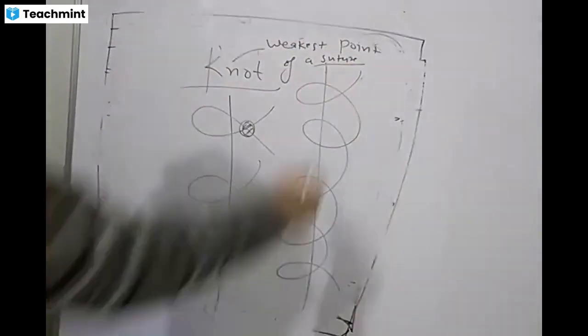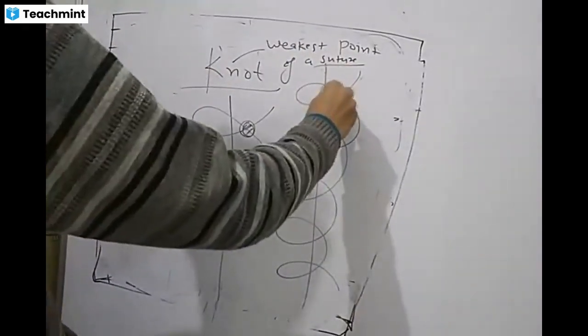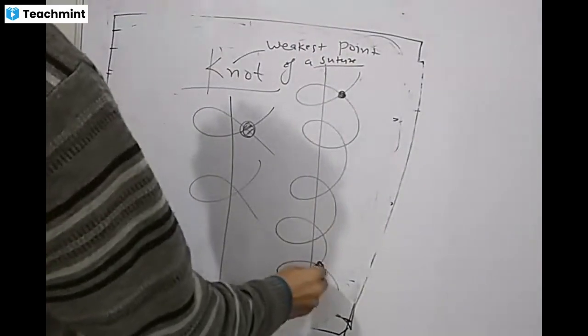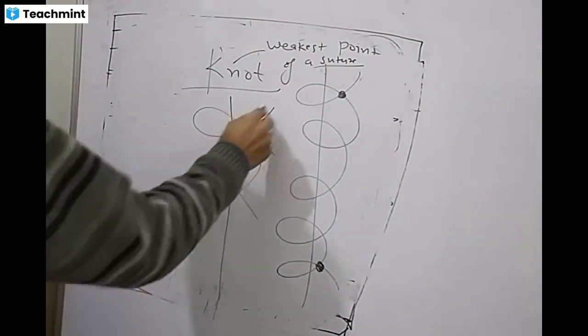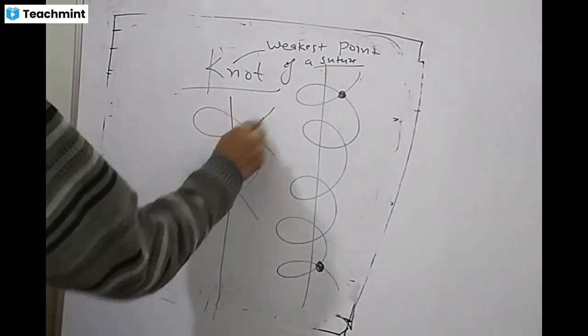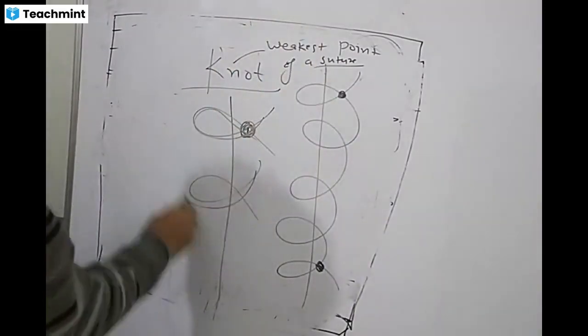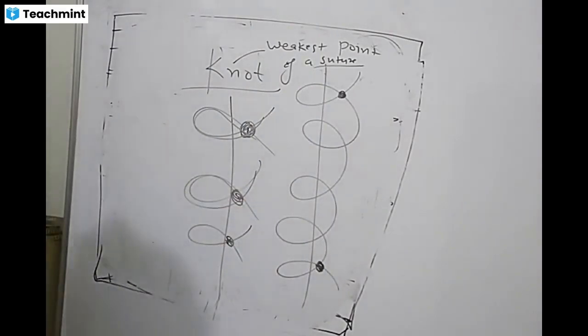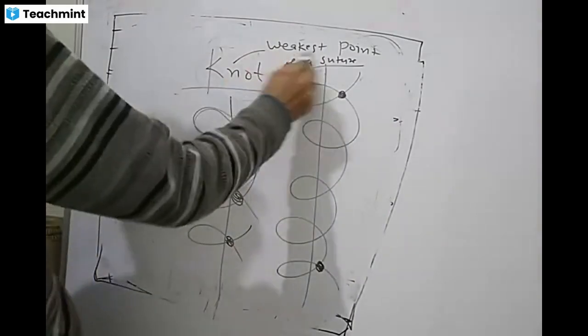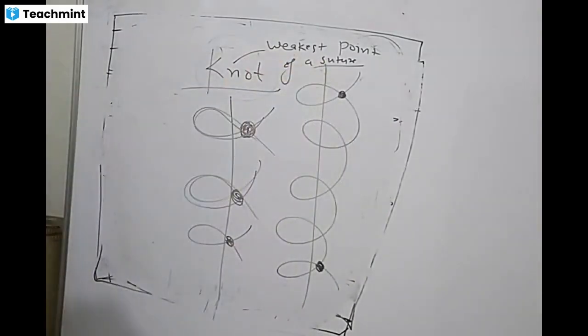In case of continuous, we apply one and this is two, only two knots. In case of simple interrupted, one knot for one interrupted suture, only one knot. So knot is the weakest point of the suture material.